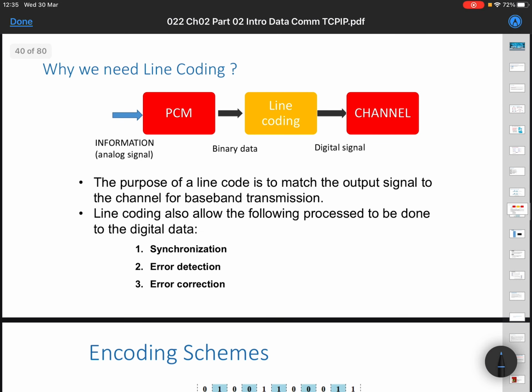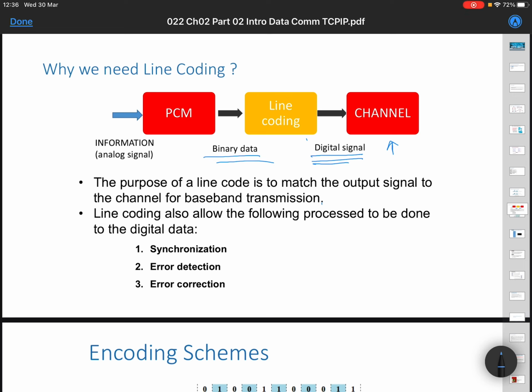Why do we need line coding? The information signal goes to PCM, and you will have binary data, and the binary data goes into line coding, and from line coding you have a digital signal. The digital signal is sent through the channel or the link. The purpose of line coding is to match the output signal to the channel for baseband transmission.